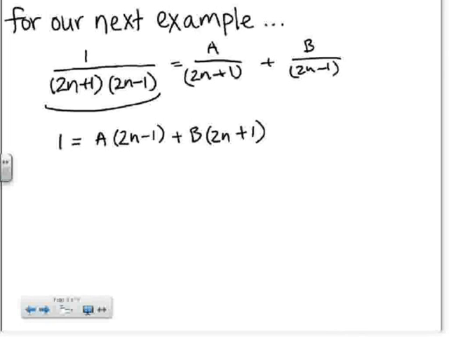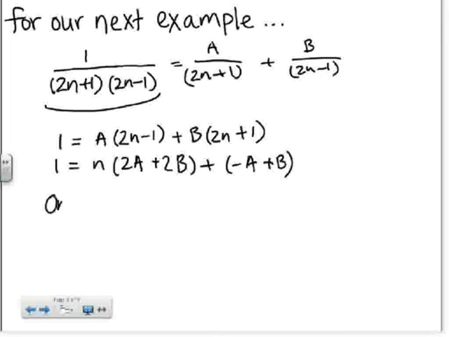Then we'll factor n out, and we'll get 1 equals n times 2a plus 2b plus minus a plus b. From here, we can see that the coefficient of n is 0. So 0 n plus 1 equals n times 2a plus 2b plus minus a plus b.